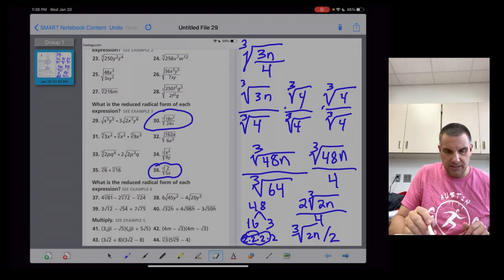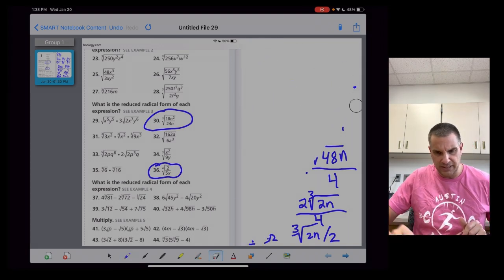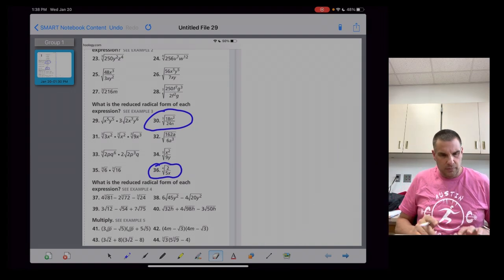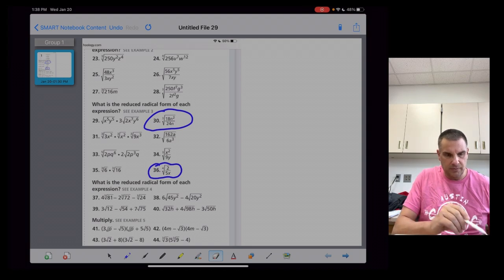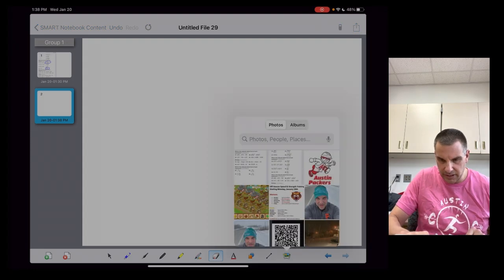Let's erase this and take a quick look at, we did ones kind of like 37 through 40. If I add a page here, I've got another photo here somewhere. Nice hat.